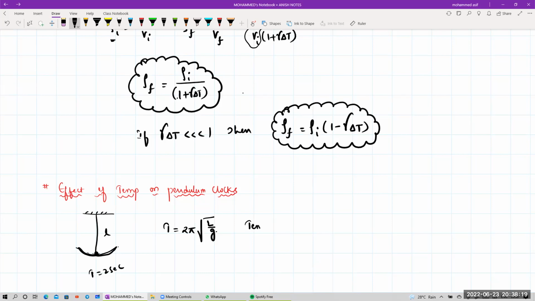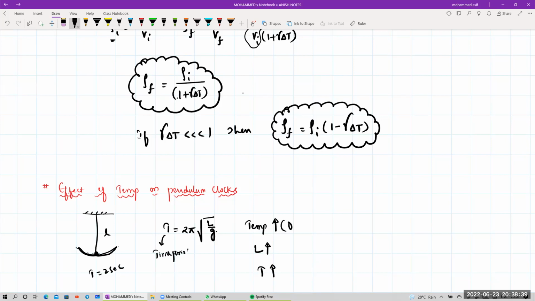Now when the temperature is increasing, the length of the pendulum will be increasing. If length is increasing, what is happening to the time period? T is nothing but the time period, so the time period is increasing.